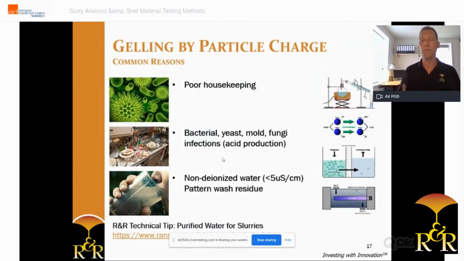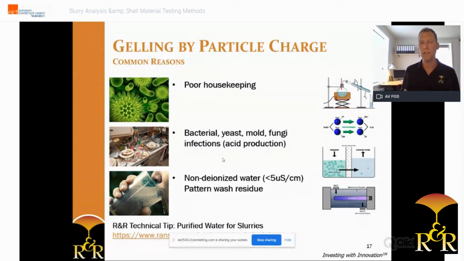So how could we prevent this gelling of the binder by the particle charge? I think bacteria and mold infections in the slurry are quite a common reason, because these microorganisms emit a low pH substance. It does have a detrimental effect on the colloidal stability.